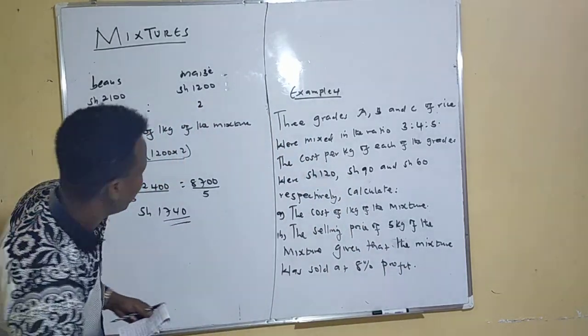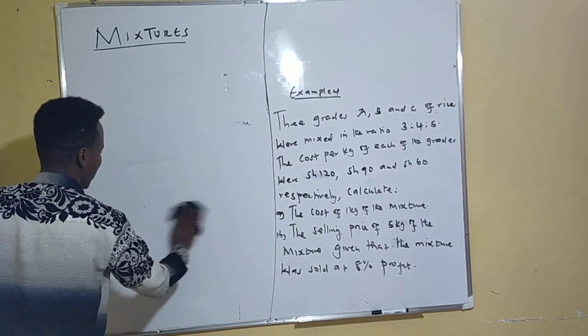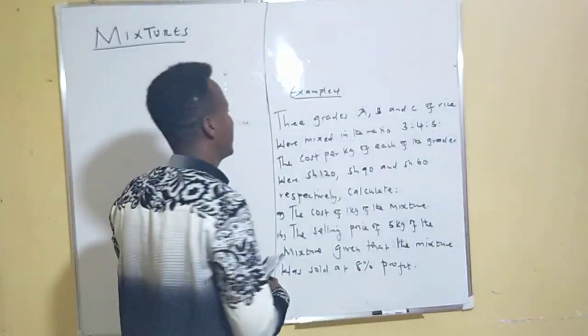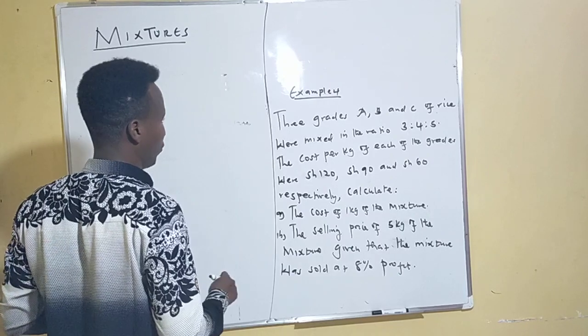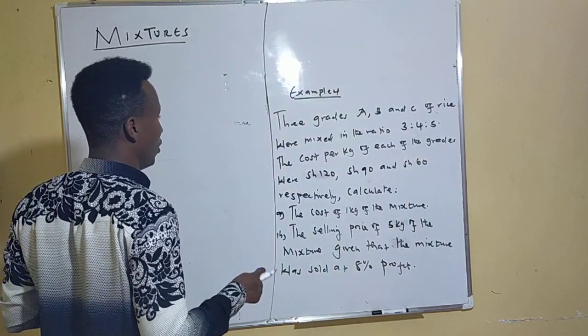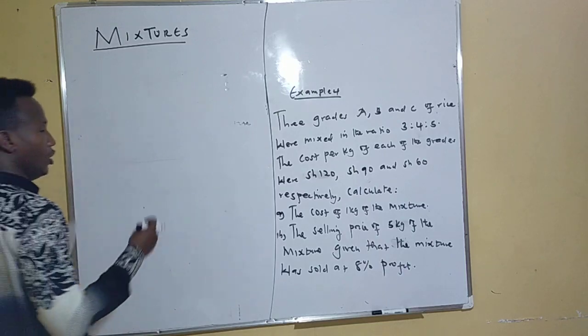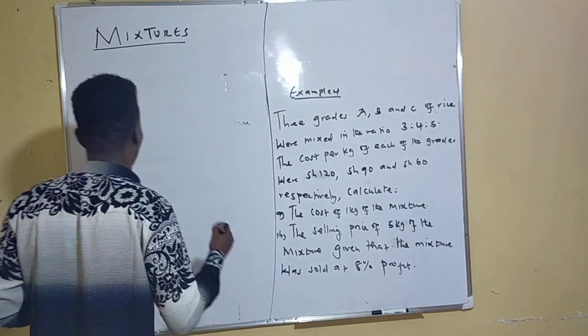Let's come to the solution, but let's read the statement first. You are told the 3 grades A, B, and C of rice were mixed in the ratio 3 to 4 to 5. The cost per kg of each of the grades were shirin 120, shirin 90, and shirin 60 respectively. Calculate the cost of 1 kg of the mixture.